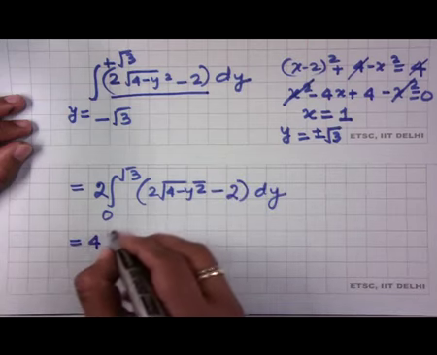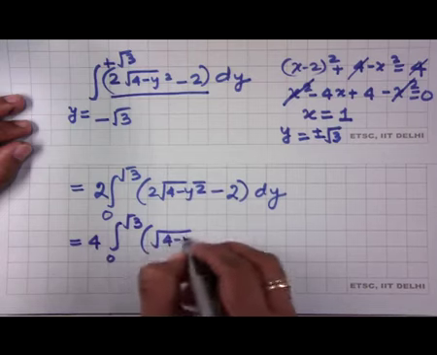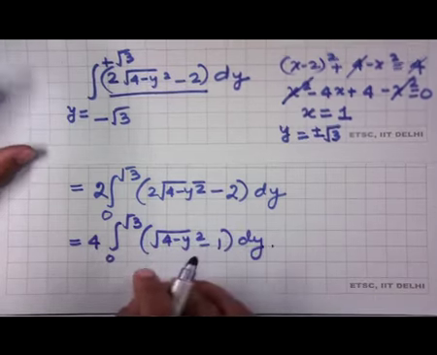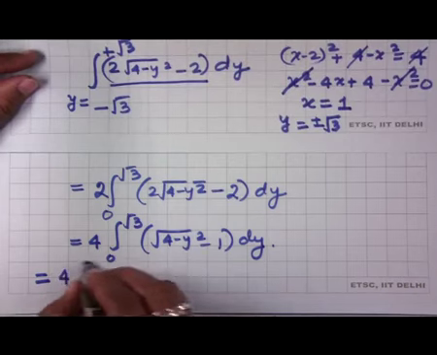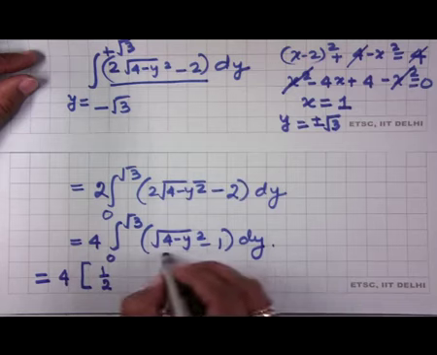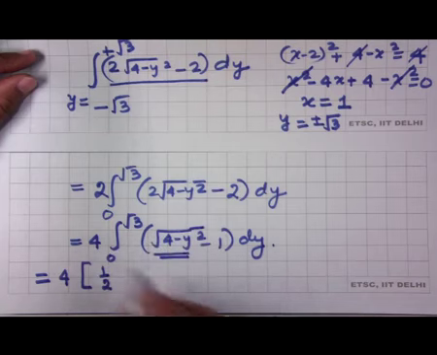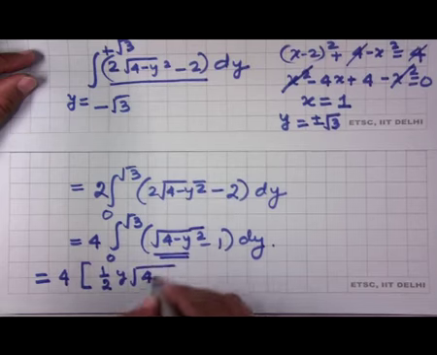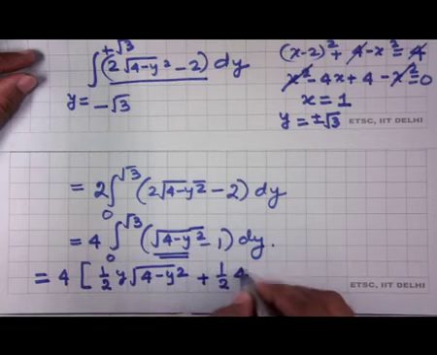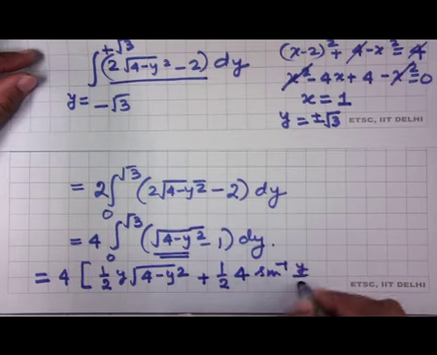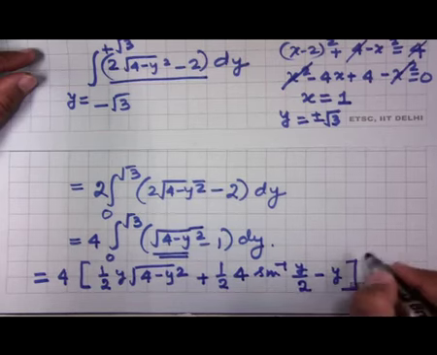So, this is equal to 4 times the integral from 0 to root 3, that will be equal to 4 times, the value of the integral of under root 4 minus y square dy will be one by 2 a square, that is 4, sine inverse y by 2, minus the integral of this one is y, 0 to root 3.